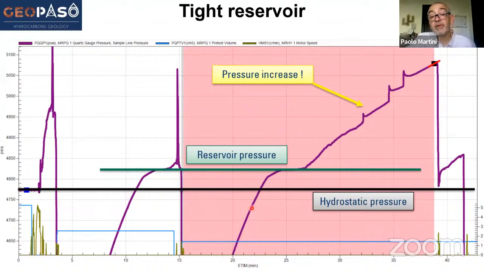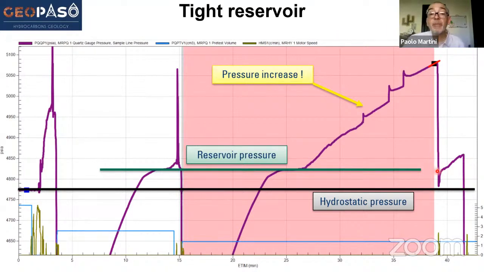So second pretest, the pressure comes up, seems to stabilize more or less at the same pressure where it did on the first pretest, and then it starts growing and has some blips, some jumps and spikes, until he decided, as I said, to increase the force that pushes the packer against the formation.